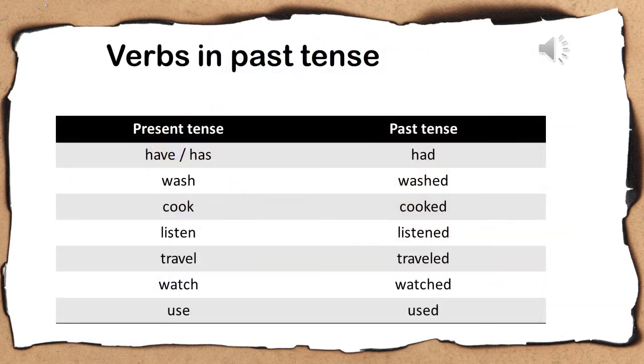Here we have a list with the most common verbs in past tense. For example, in present tense we use have or has, and in past tense just had. Wash, washed, cook, cooked, listen, listened, travel, traveled, watch, watched, use, and used.